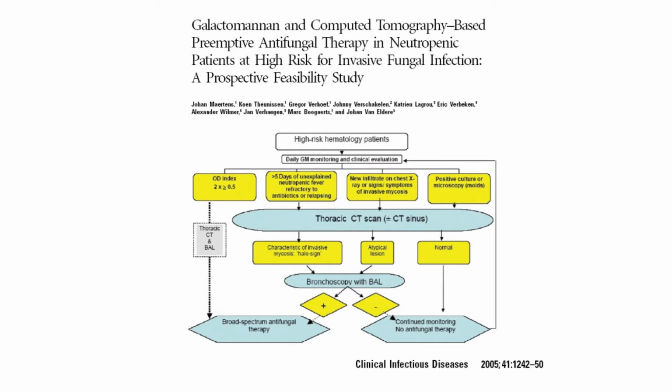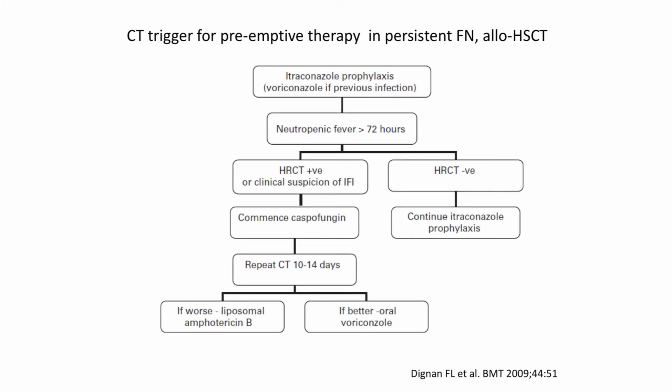It's a sentinel paper published by Johan Maertens, in which they combine galactomannan and CT in a series of febrile neutropenics, and they were able to show no difference in mortality compared with empirical treatment, but also much reduced use of antifungals. And other groups have done the same thing.